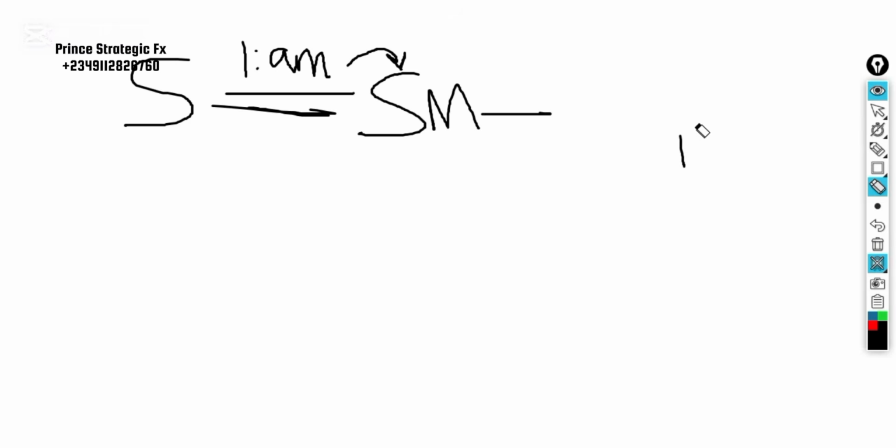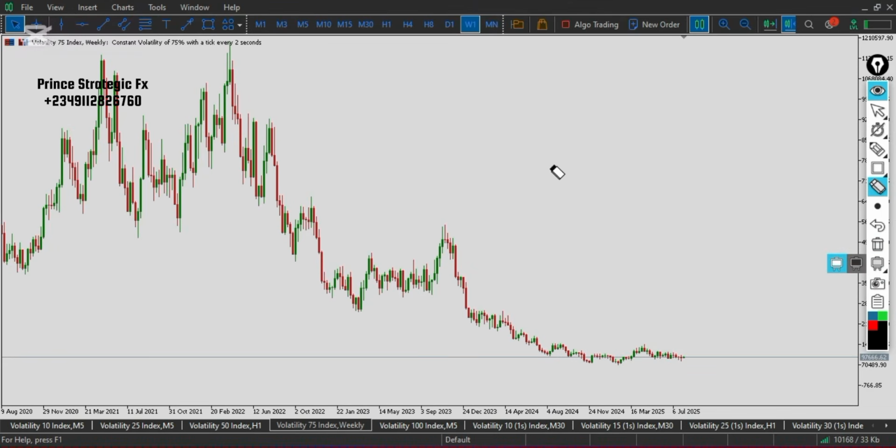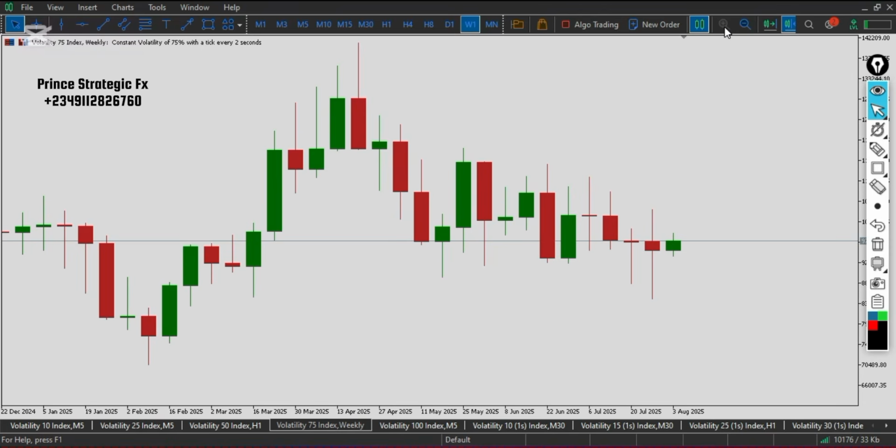Good. Now let me take this out and let's go back to our chart. So this right here is our weekly chart. Since this is our weekly chart, this bearish dojish candle here is exactly our previous weekly candle.